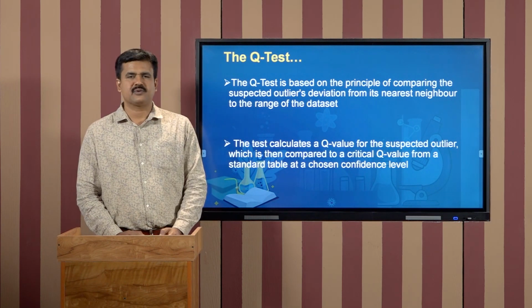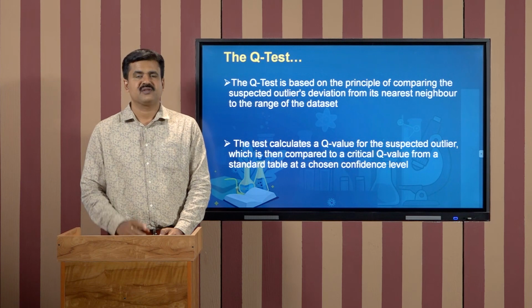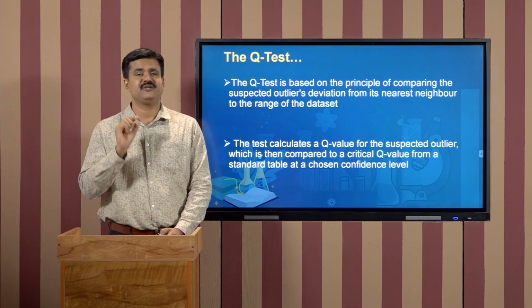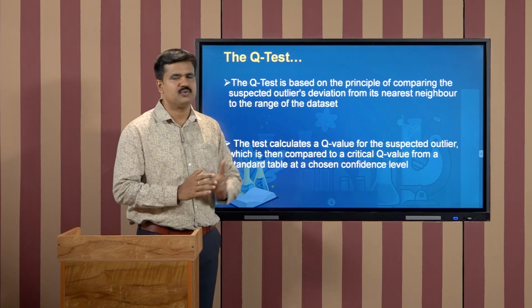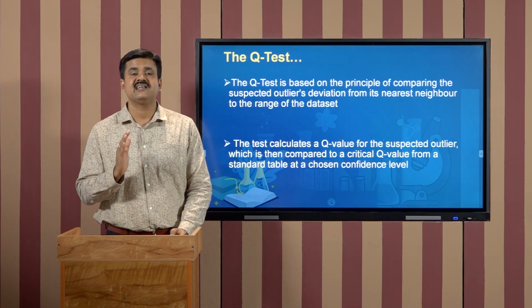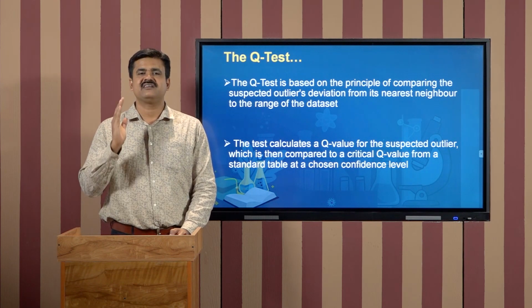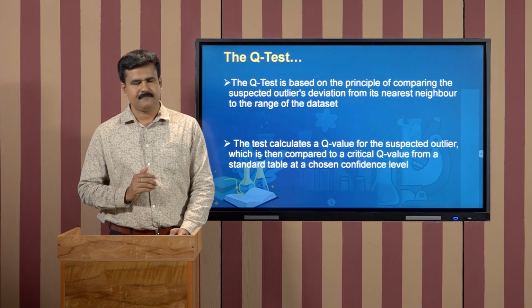The test calculates a Q value for the suspected outlier, which is then compared to a critical Q value from a standard table, that is called the Q value table, at a chosen confidence level.